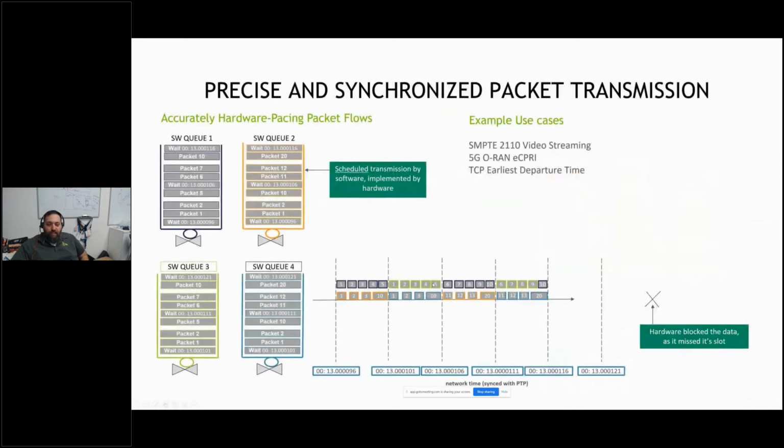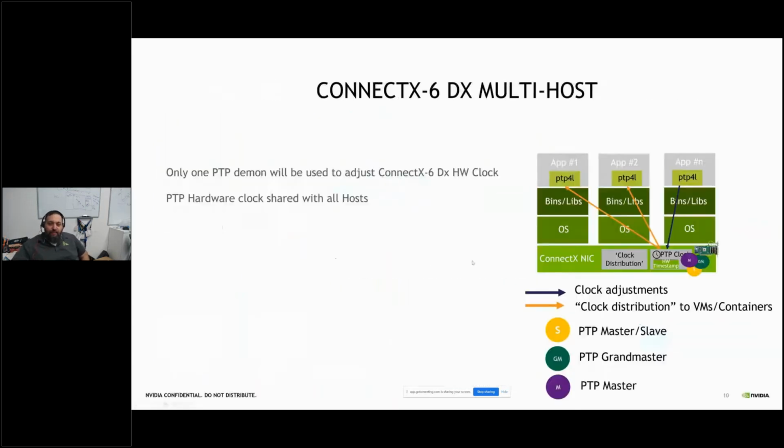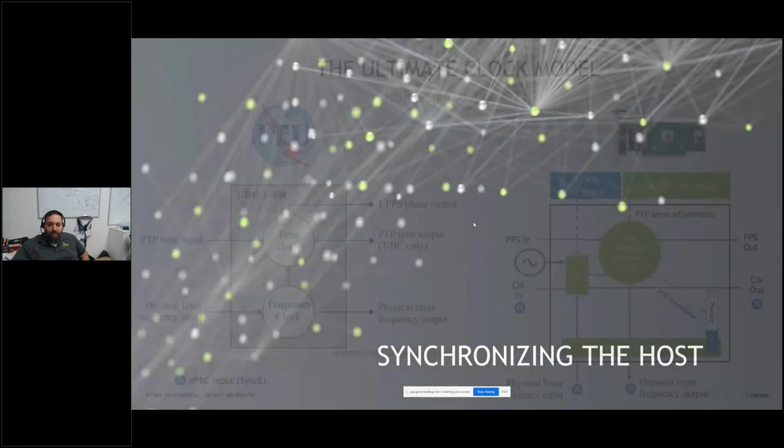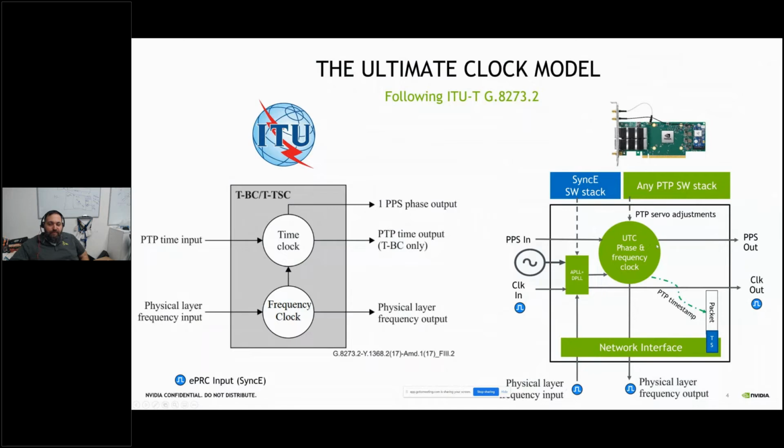Okay, in order to explain the second method, I want to emphasize that the fact that we have a real-time clock inside the hardware gives us some flexibility that we didn't have in the past.